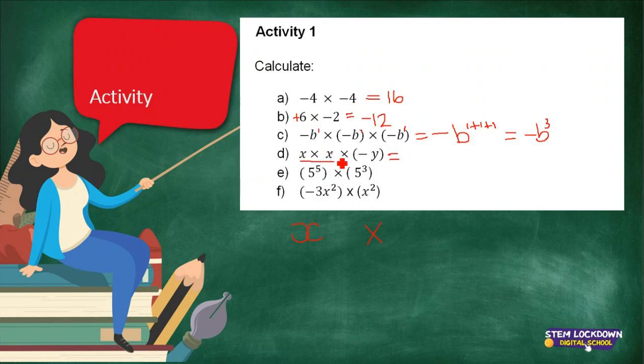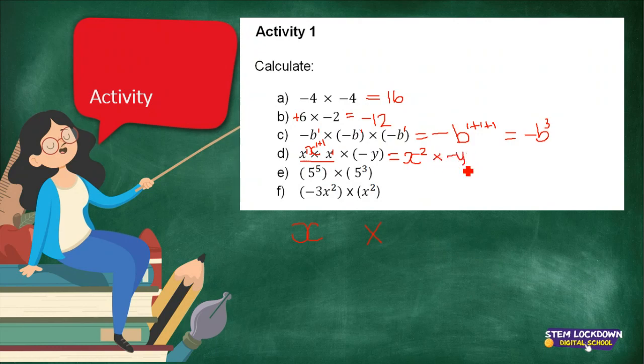So x times x is like saying x to the power 1 plus 1. Where does this 1 come from? Each x, if it's not written, has an invisible 1 there. So x times x will be x squared, or x to the power 2. So x to the power 2 times negative y.